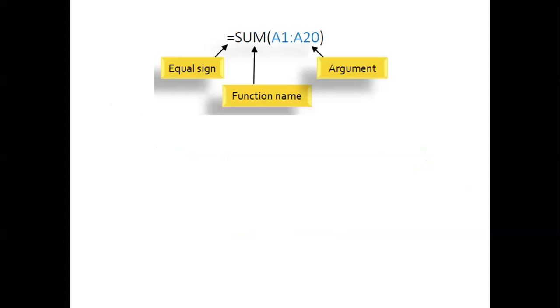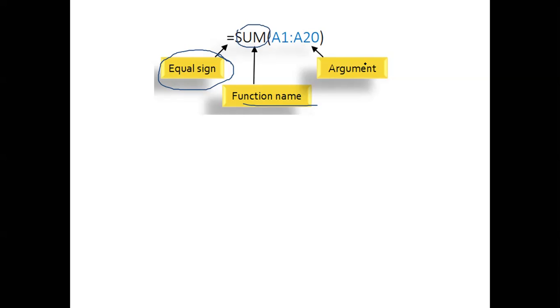So basically this is what we are talking about. We are trying to establish how a function should look. You have an equal sign which comes at that point. And then look at this particular aspect, which is known as the function name. It comes just before you put the parentheses with the arguments inside.